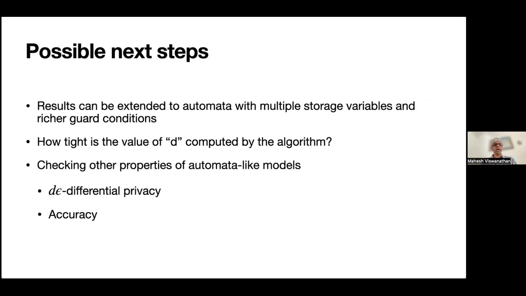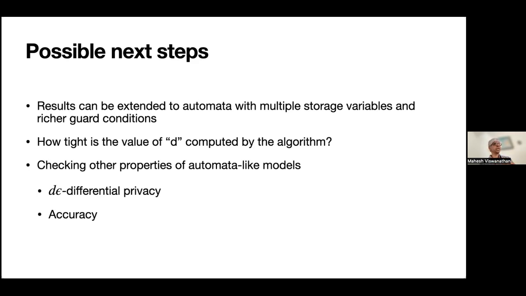Some of the things that we're looking at: we have results that extend these proofs of differential privacy to automata where you have more than one storage variable. So you can have multiple storage variables, and you can use that in the algorithm. The proofs become slightly more complicated.